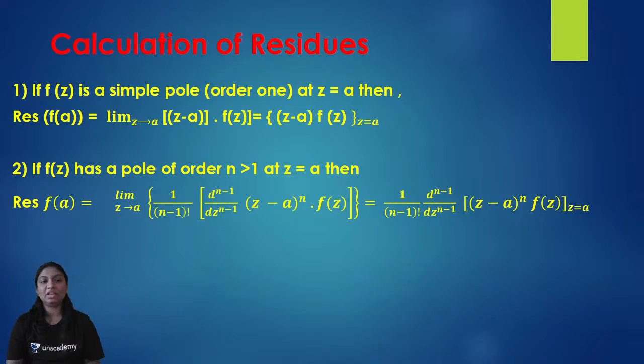Now second, if f of z has a pole of order n greater than 1, जैसे कि मैंने अभी बोला, अगर यहाँ पे पोल ऑफ ऑर्डर 2 भी है तो हम लोग यही रूल अप्लाई करेंगे फॉर कैलकुलेशन ऑफ रेसिड्यूज.